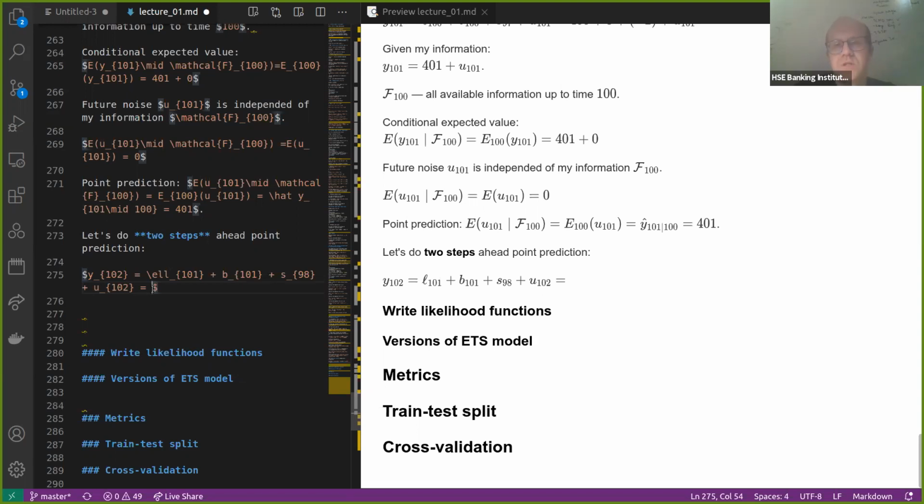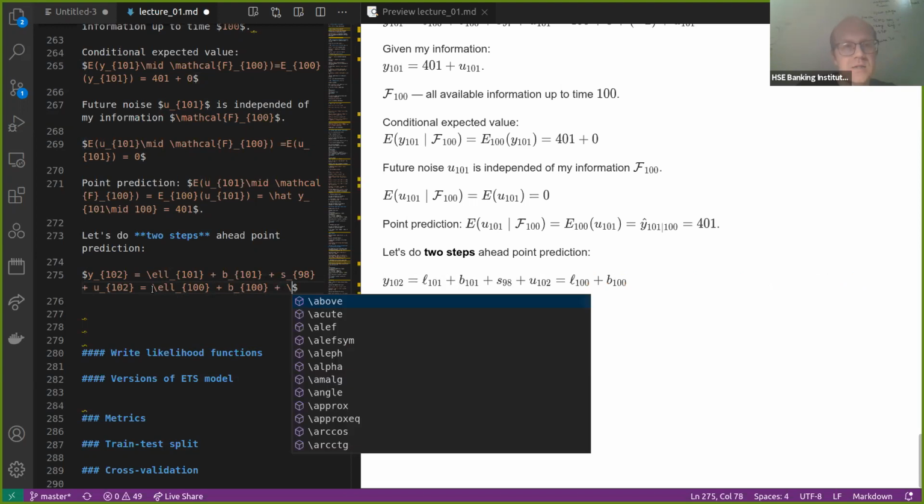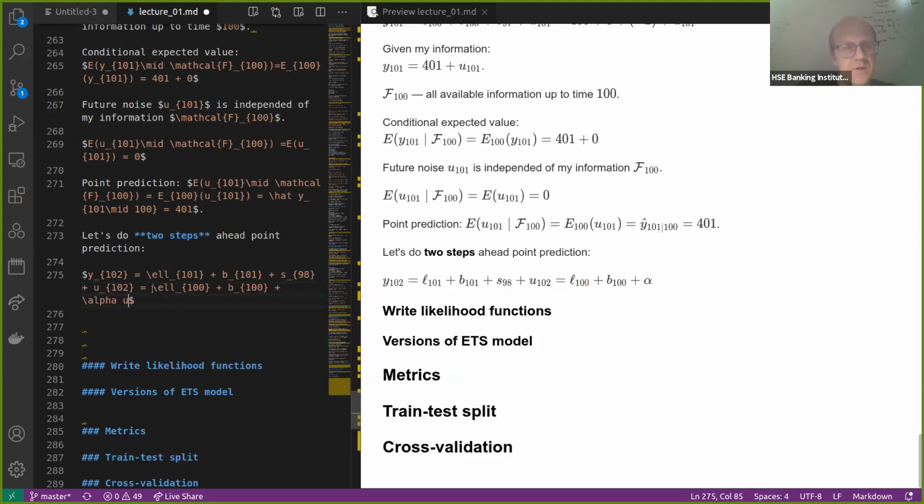The first term is just L100 plus B100 plus alpha times U101. The second term, what is B101?